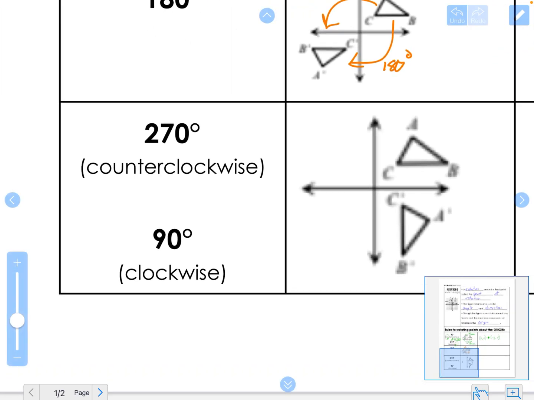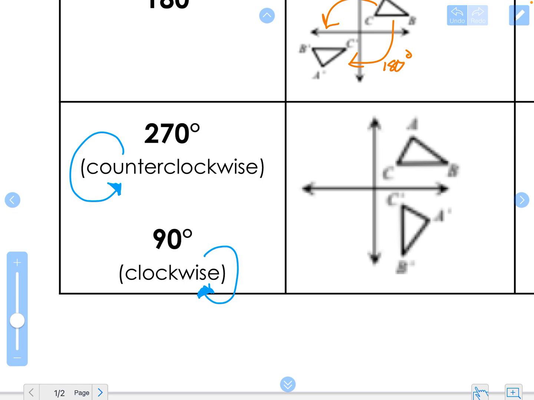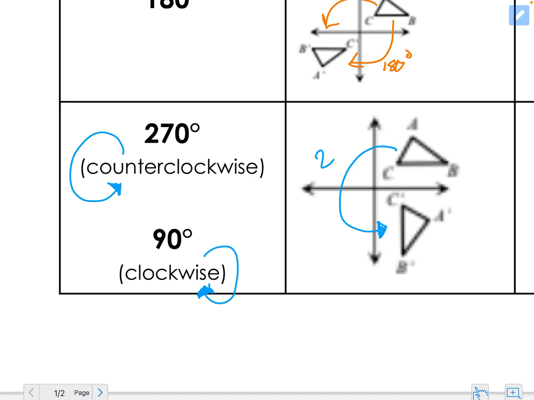All right, our last rule is 270 counterclockwise. Again, counterclockwise is going left or going backwards in time. 90 clockwise would be going forward in time or going to the right. So again, if this is our original image, that our long ways is 270 counter clockwise, whereas this right here, I did it backwards, sorry guys.